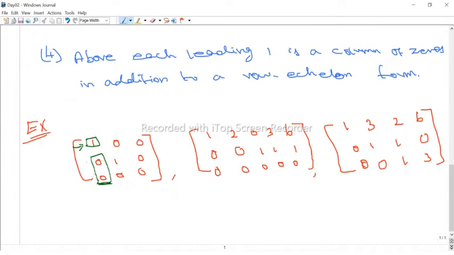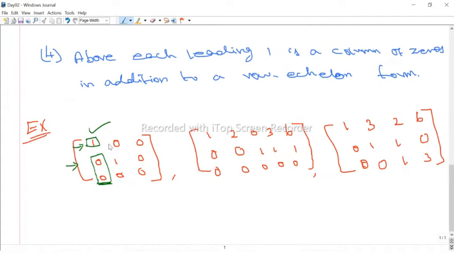Okay, next we have to scan the second row. The first non-zero entry should be after the first column, because in the previous row we found the first non-zero entry in the first column. Therefore, in the second row, the first non-zero entry should be in the second or third column, but not the first.